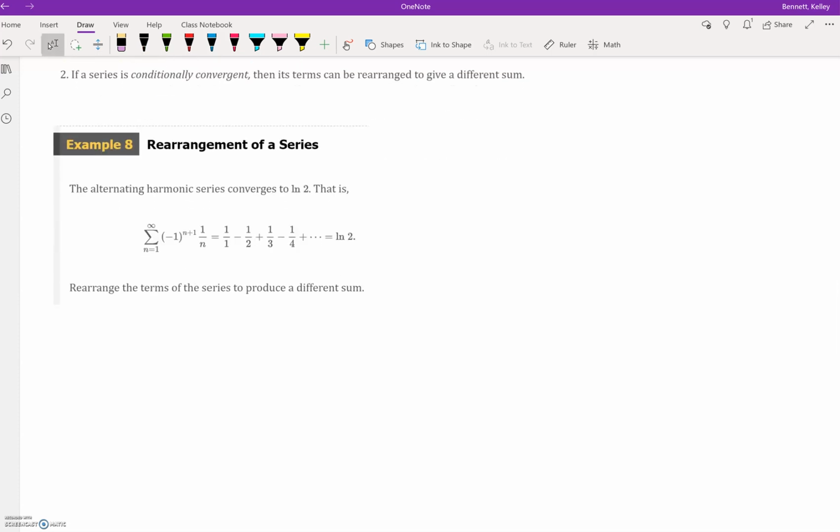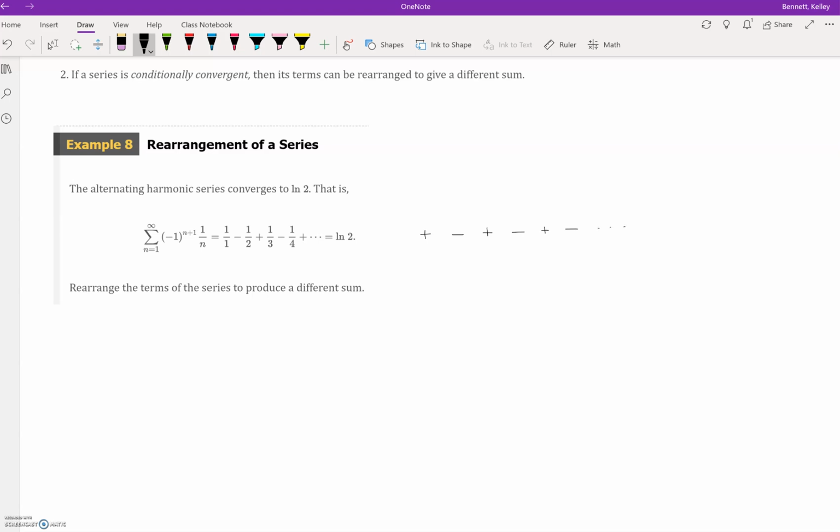So, for example, the last example, we have the alternating harmonic series, which we know converges to the natural log of 2. But we can actually rearrange this in the following way. So I'm going to write out a little bit. Let's see what we can do. Here we have plus minus plus minus. That's the structure here.